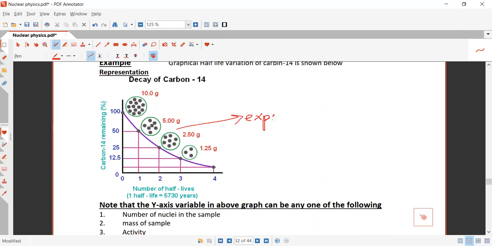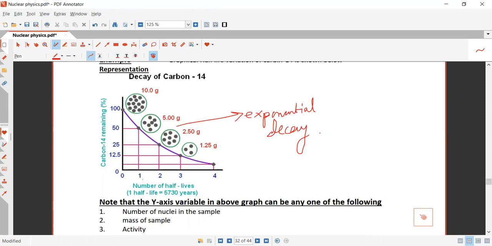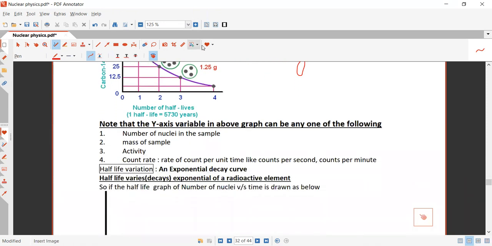Here we're going to use the concept of the graph that we learned today, exponential decay, right? So the y-axis could be any of these: number of nuclei, mass of the sample, activity or count rate.